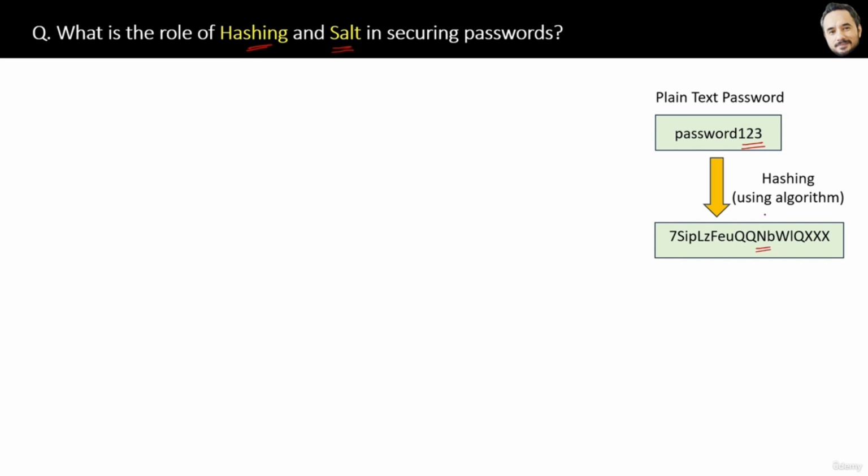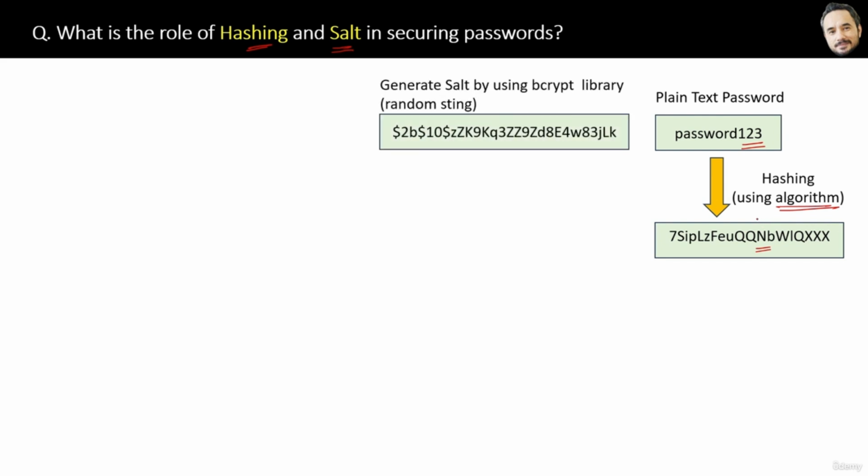And this is good for one level of security. But if a hacker also knows your password and also the algorithm name, then again it is no longer secure, right? Therefore, to add more security to the password, we first create a salt by using the bcrypt or crypto library.